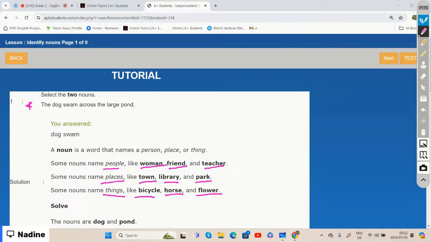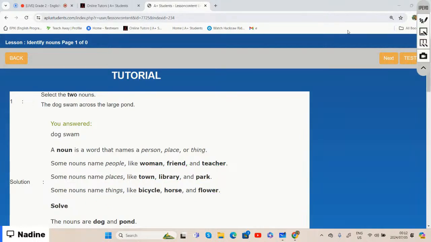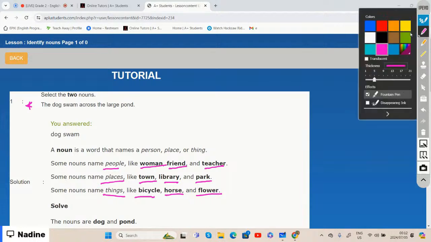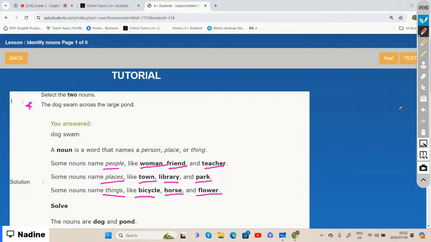All right, and if we were to identify or underline our noun within that sentence, or the two nouns, right?